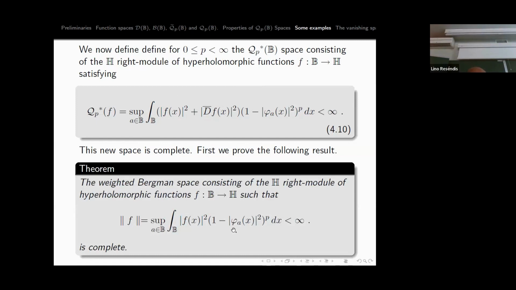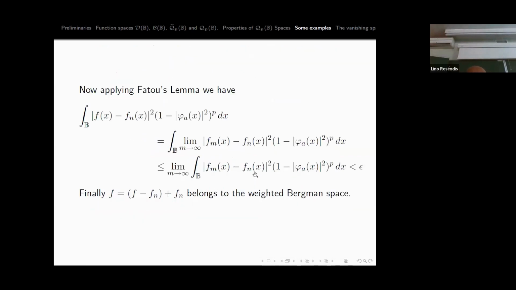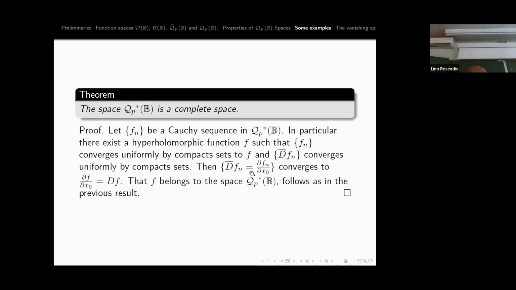Of course, it's necessary first to introduce this kind of weighted Bergman space, and these weighted Bergman spaces are complete. Then after this space, we can introduce this one, and these spaces are also complete. Okay, I will skip this. This space is complete.